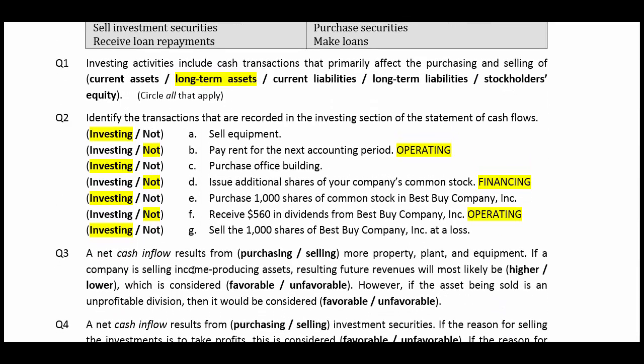All right. Net cash inflow results from what? Selling PP&E. Companies selling income-producing assets, resulting future revenues will likely be lower, which is considered to be unfavorable. However, if the asset being sold is an unprofitable division, then it would be considered to be favorable.